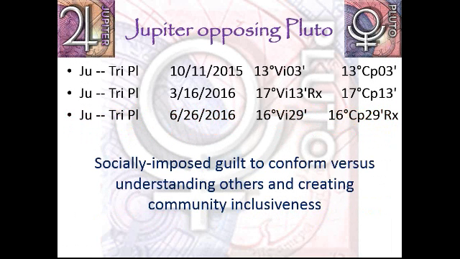Jupiter, even though it doesn't have anything going on specifically during the Mars retrograde, I've included it. Remember 2013-14 when Jupiter was in Cancer? We had Jupiter oppose Pluto 3 times, 2013-14.